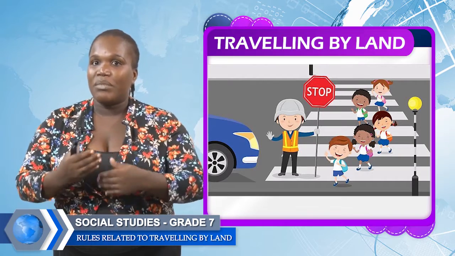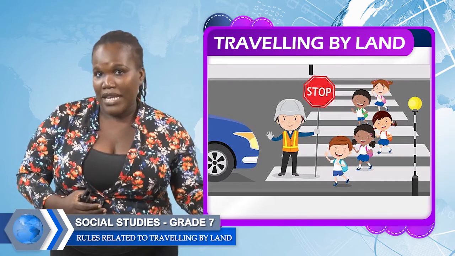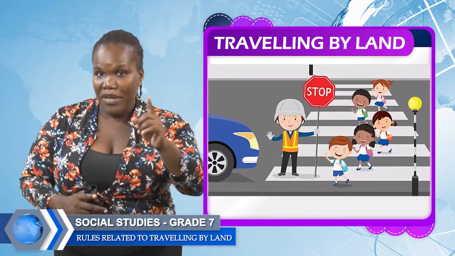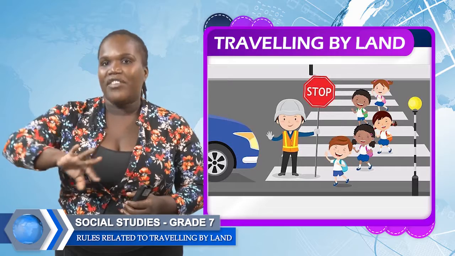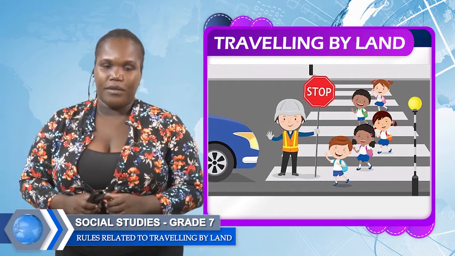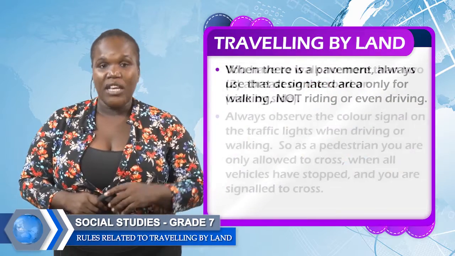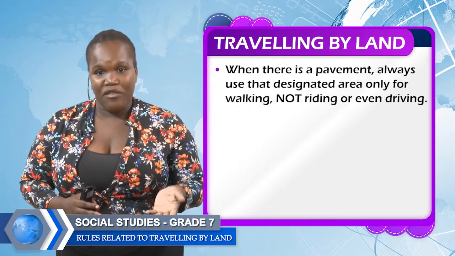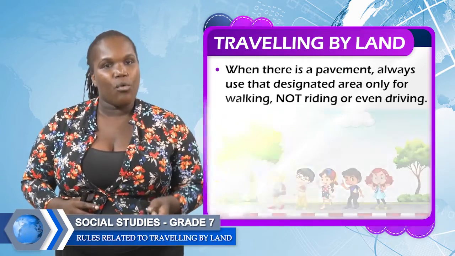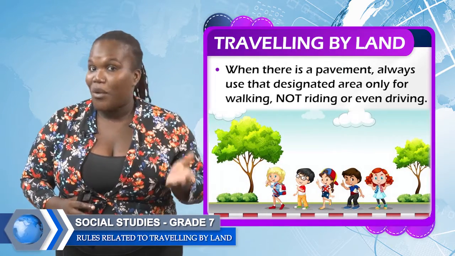So sometimes there's a policeman that indicates that you have to cross, or when the traffic light says stop and the vehicles are red and the vehicles have stopped, that is an indication that it's your turn to cross, all right?